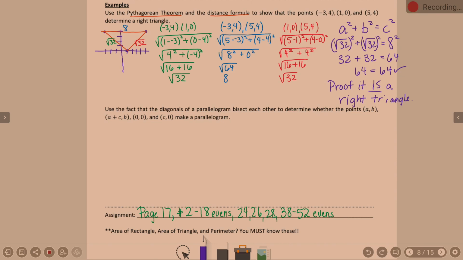We use the distance formula here, right? If we're talking about two things bisecting each other, cutting each other in half, we're trying to find the midpoint. If these 4 points truly make a parallelogram, and the diagonals bisect each other, the midpoints of those two diagonals should be the same.